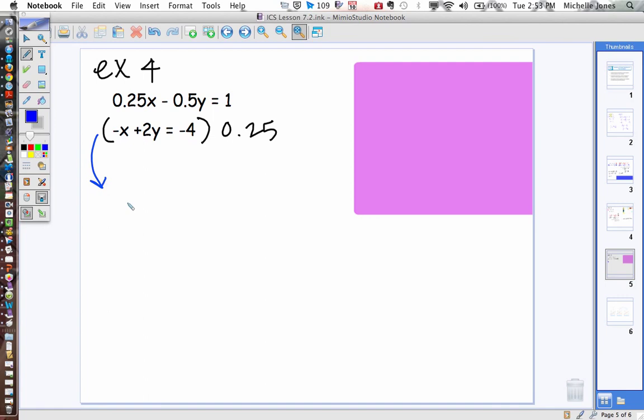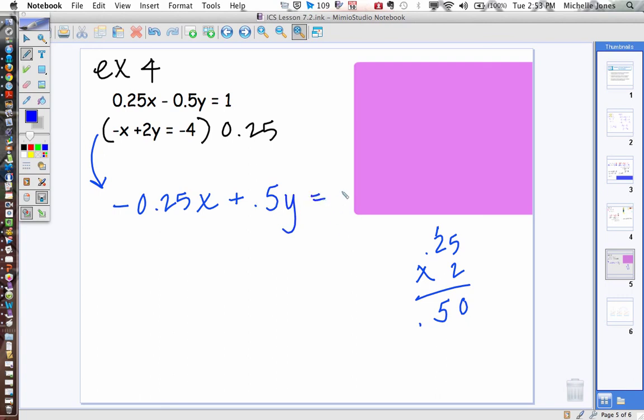So I'm going to rewrite my second equation being multiplied by 0.25, and it's going to give me negative 0.25x plus, let's see, 0.25 times 2. So silly. We knew that was this, so it's just 0.5y equals negative 4.